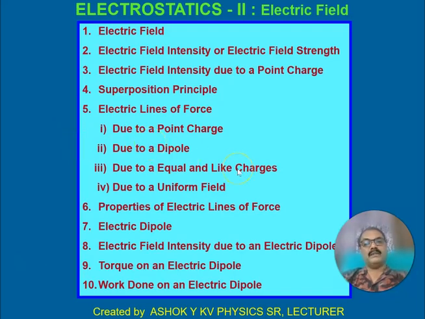Dipole means two equal and opposite charges placed at a short distance, which you will see in chemistry. H2O, hydrogen and oxygen, form a dipole with positive and negative charges; sodium chloride is a dipole.